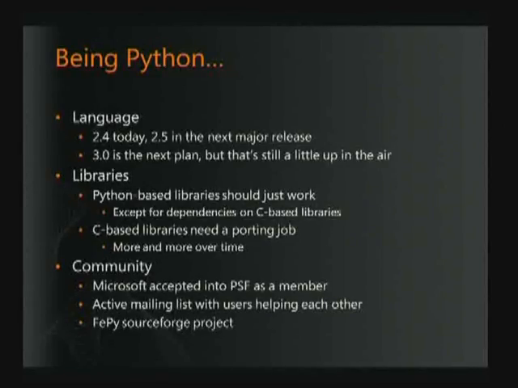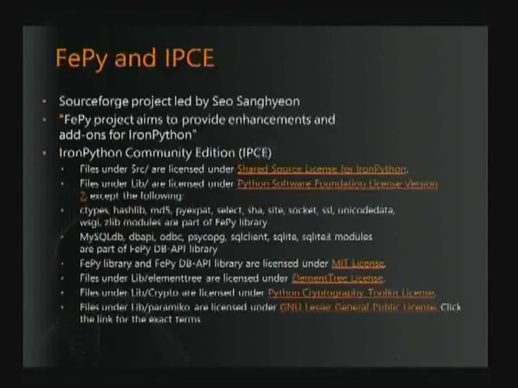So how many of you here actually care about the Linux side of it? If not, I'm going to skip the slide. One user, two users, okay? So we have what we call FePy, released by Seo Sanghyeon, who took IronPython, and there were some bugs in Mono that got fixed as a result of getting IronPython to work, and he got it up and running.